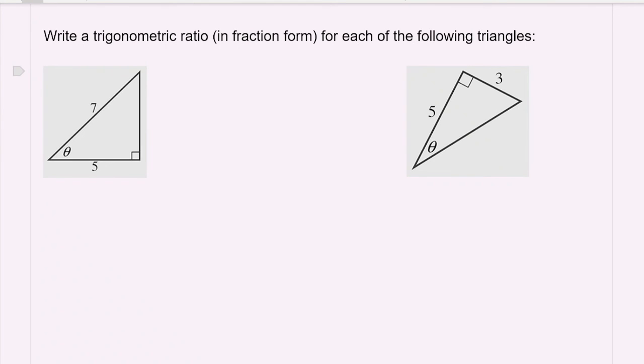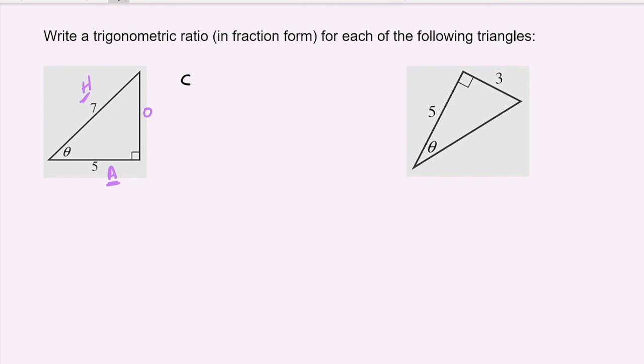What we're going to do is find a trig ratio for each of these triangles. The first thing we want to do is label our sides. We have H, O, and A, the initials of our three different side names. Because we have the H and the A, we go back to our Sohcahtoa word, because it's the A and the H, the CAH, so that means it's cosine.